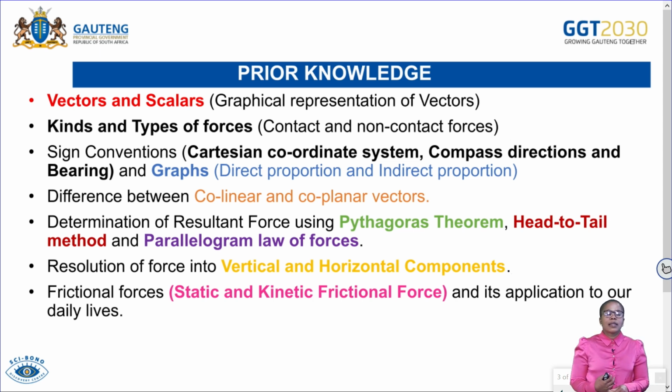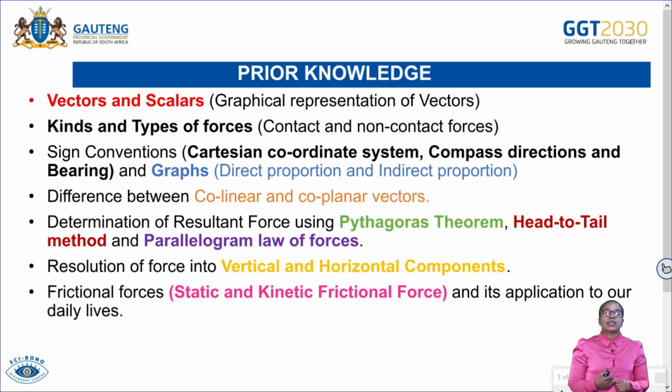Okay. The next point we're going to be looking at, or whether you should know by now, is the difference between your collinear as well as your coplanar vectors. Okay, you should be able, 1, to define them, which one are collinear, they have the same line of action, whereas your coplanar, they are lying in the same plane. Okay, also to be able to identify them, when you are given such vectors, you are able to see, oh, this one is a collinear, oh, this one is a coplanar.